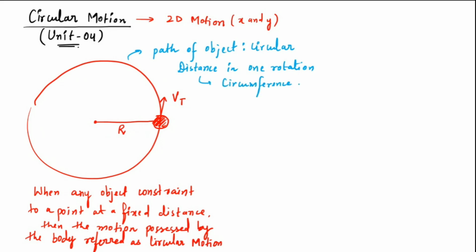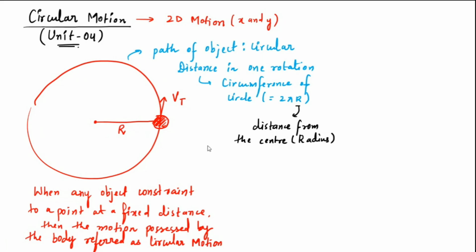And the circumference of a circle, we already know, is given by 2 pi r, where r is supposed to be the distance from the center. We can also call it the radius. But don't always call it the radius, because sometimes the circular motion which an object is performing is not actually moving in a circular path. But at a point, it might be taking a turn, and the turn will ultimately give us some distance from the point where it is supposed to be going on.